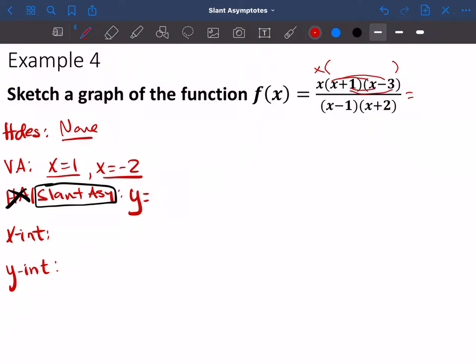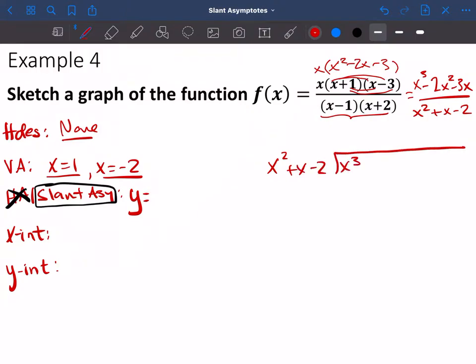So we have x squared minus 3x plus x, that's minus 2x, and we have minus 3, so that gives us x cubed minus 2x squared minus 3x. For our denominator, we FOIL this out, that's going to give us x squared plus 2x minus 1x, that's plus x, minus 2. So now we're ready for our long division.